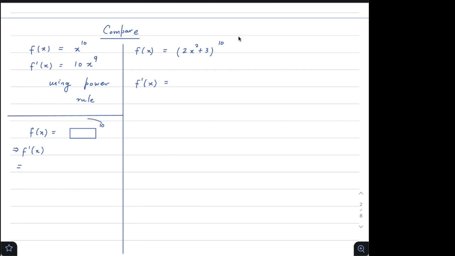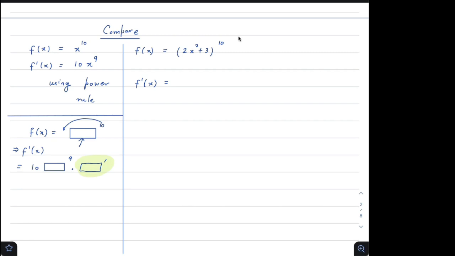You bring this exponent to the front, you reduce the power by 1. But the extra thing that you have to do here is that you have to multiply with the derivative of this box, because this box is not the x that was given to you. I repeat, this is the only extra thing.